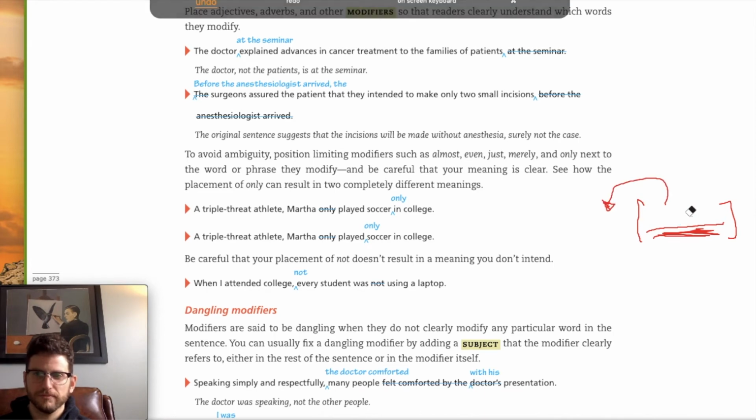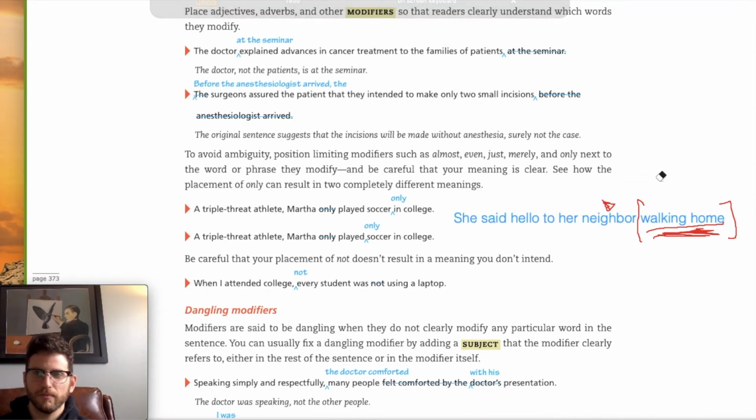whoops, didn't mean that. Oh, it's always hard to erase. It means that I need to move walking home up to the front of the sentence. Walking home, she said hello to her neighbor. Now, could we also say she, walking home, said hello to her neighbor?